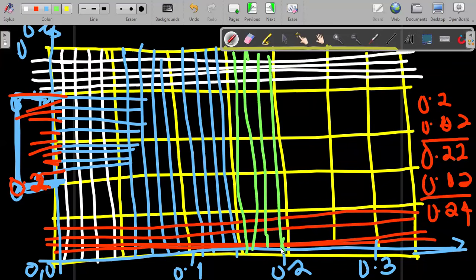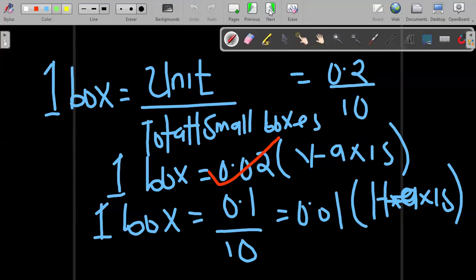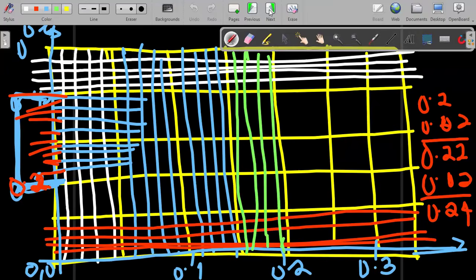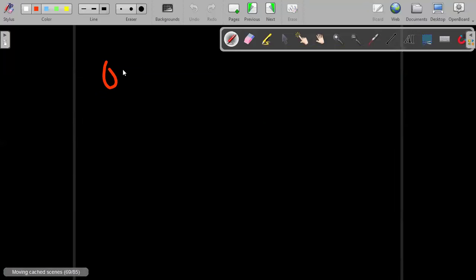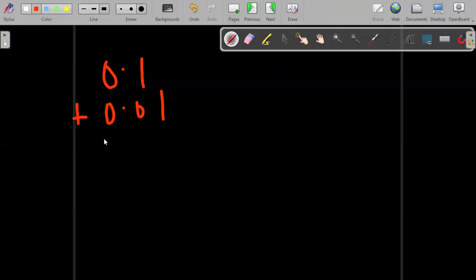So let's also apply the same knowledge for the horizontal. The horizontal box is what? 0.01. So if I'm starting from 0.1 and I choose to count this box, meaning 0.1 plus this box, 0.1 plus 0.01, if I add up, here is 0.11.